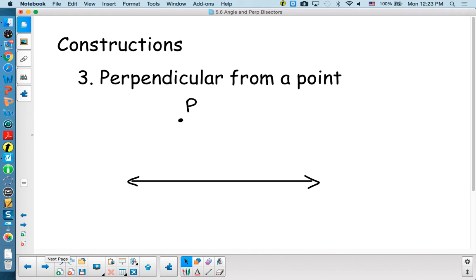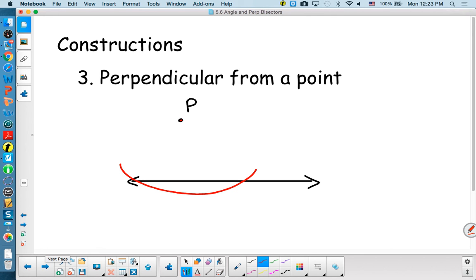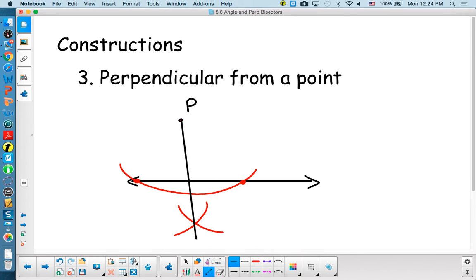Now this perpendicular, again, I think is review, but put the point of the compass on P, swing an arc that crosses that line twice. If you got your point too far to one end, you're going to have to either move it or extend your line. Then from those 2 intersection points, make the same arc from each one of them. Connect point P through that X, and that will create a perpendicular.